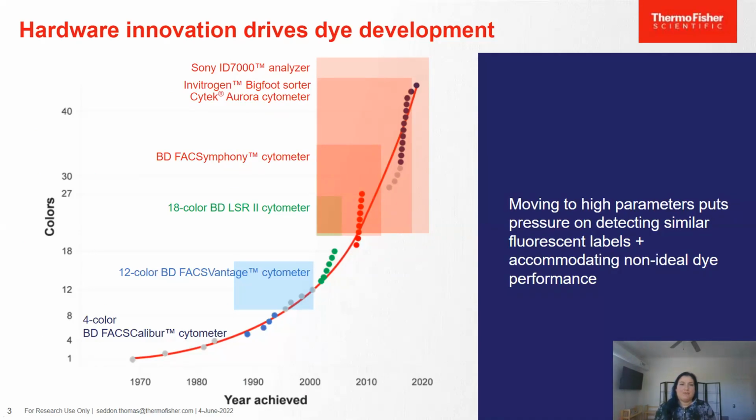As you start to have more sophisticated cytometers going to 12, 18 colors, and then pushing into spectral, you move to a pressure point where high parameters put pressure on detecting similar fluorescent labels and accommodating non-ideal dye performance. And so, as you can see, there's a continued increase in what the dyes need to perform.